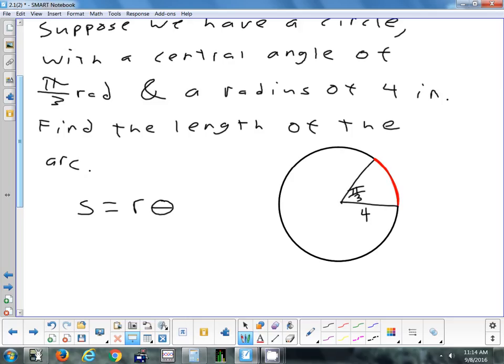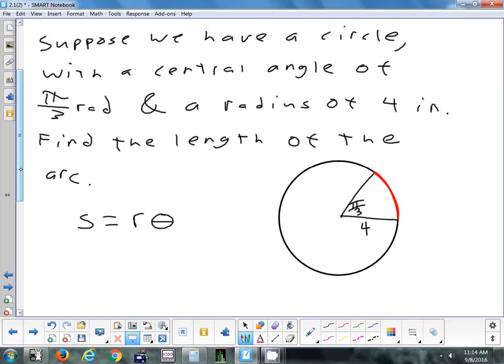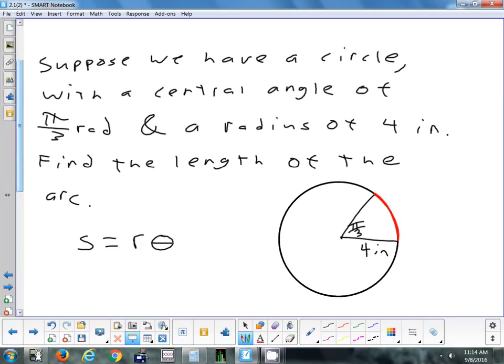And Skylar, in this problem, they give us 2 numbers. Can you tell me what either one of those numbers, what letter it represents in that formula? Not sure? No. You got this.